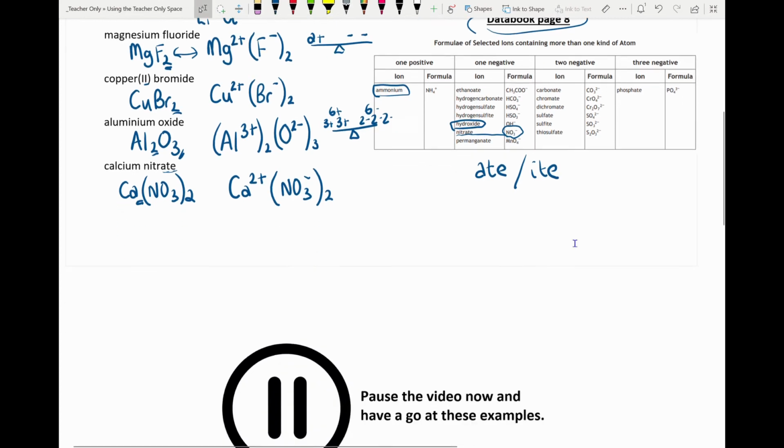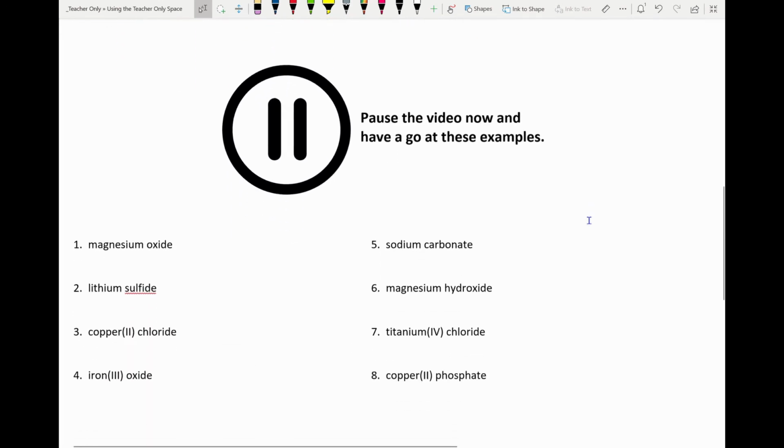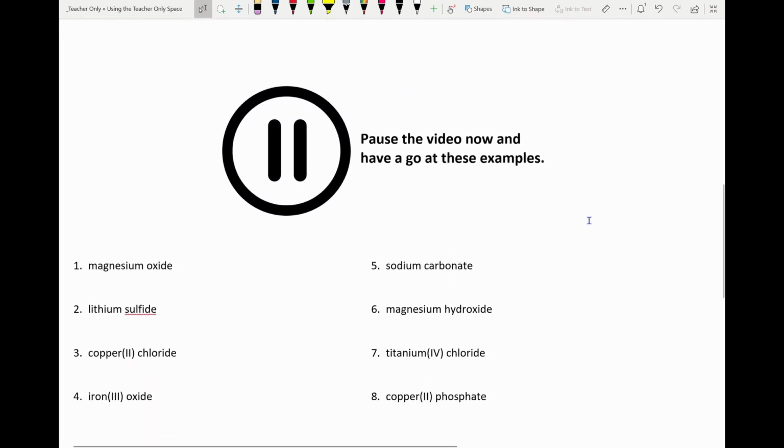So what we're going to do in a second is pause the video and have a go at these examples here. I'm going to give you 2 opportunities like I said before. If you're feeling confident, the first thing you're going to need for each of these examples is the chemical formula, which is your SVSDF method. I'm going to give you a little bit of help here. For the first 2 examples, they're just our simple 2-element compounds.